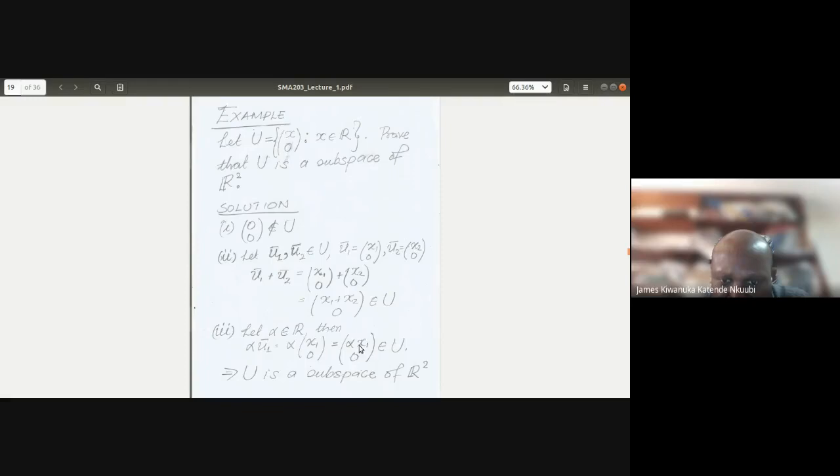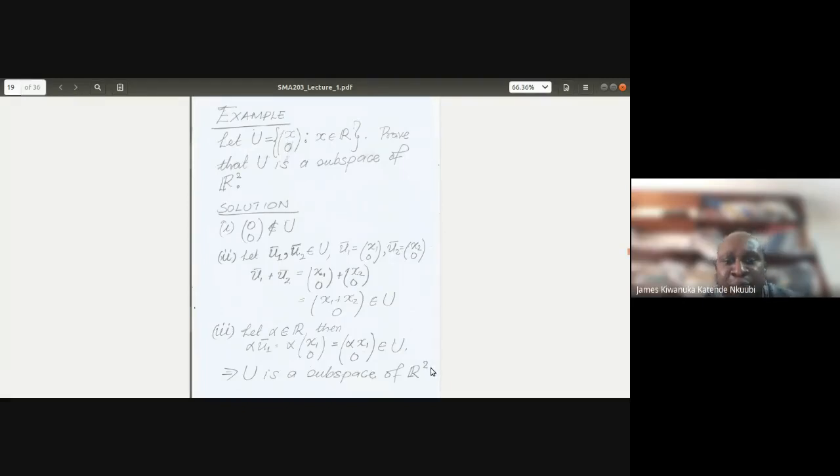Again, this automatically satisfies the requirement for vectors to be in U. In other words, the second component must be 0. We don't worry about what is in the first component, but the second one must be 0. So the first one can be any real number, as stated in the example. So all the three properties are satisfied. So our conclusion here is that U is a subspace of R2.